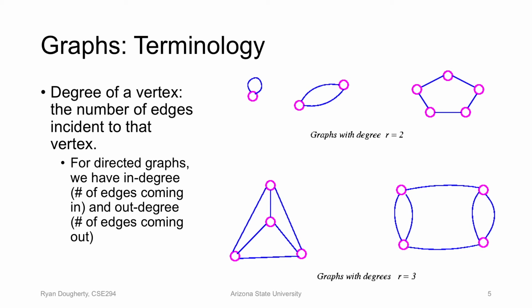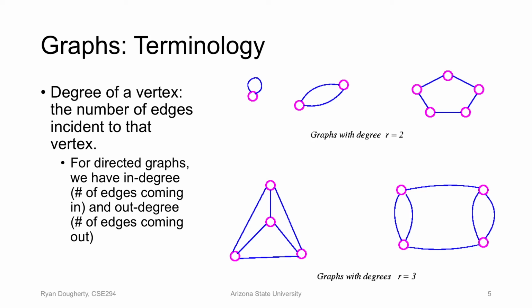Pictorially, these are all undirected graphs. Some graphs are what are called a cycle. The upper left one has only one vertex but still has an edge coming out of itself and back into itself, an undirected edge. That's what's called a loop in a graph.